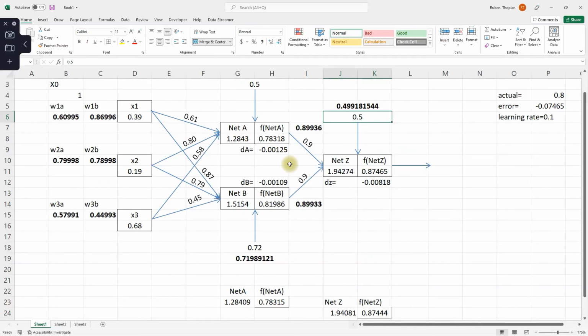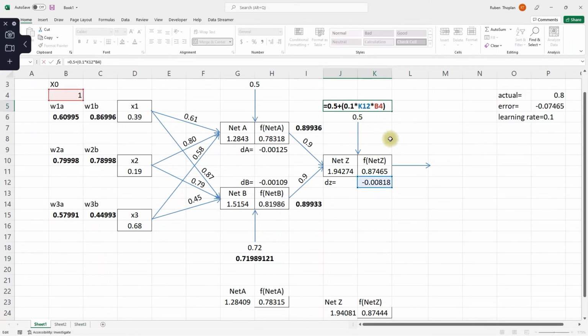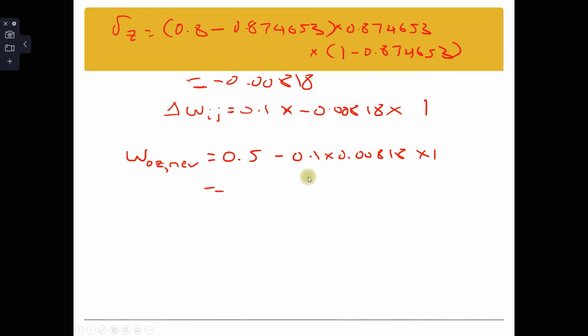So this is what I got here, 0.4491 something. So as I said, you take 0.5 plus 0.1 times the delta z times bk, which is equal to 1. And this is what gives you this value of 0.49918 and so on. A new change in the weight.